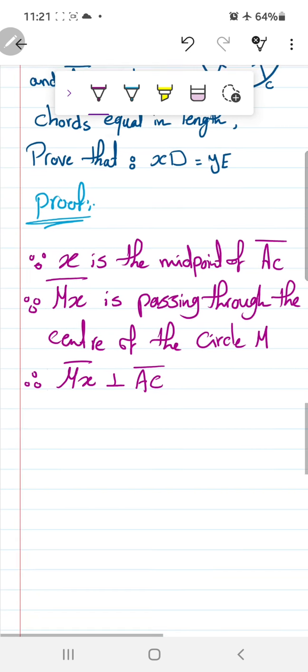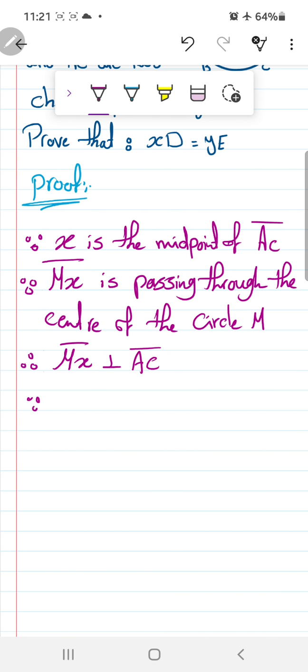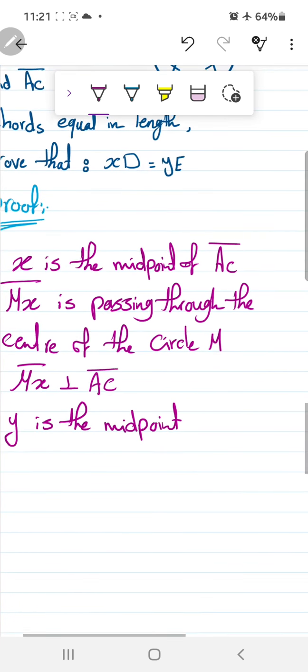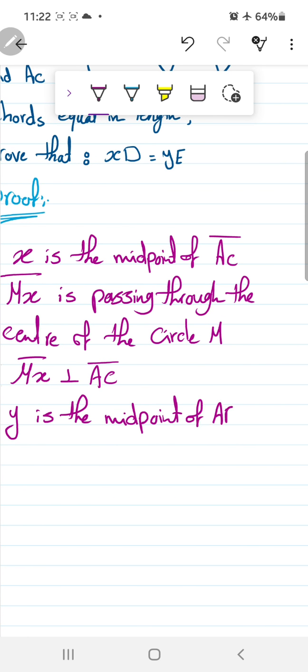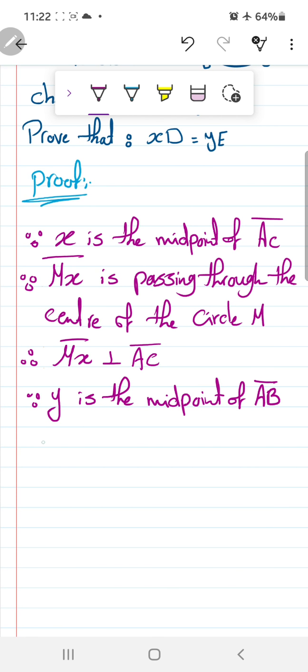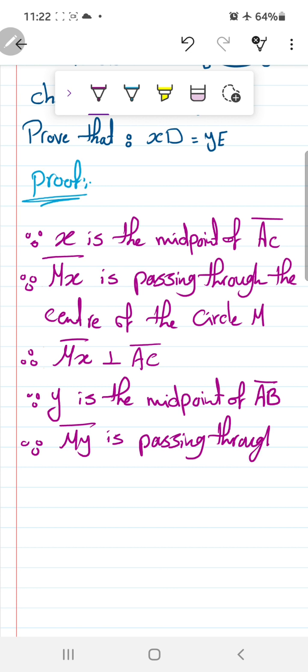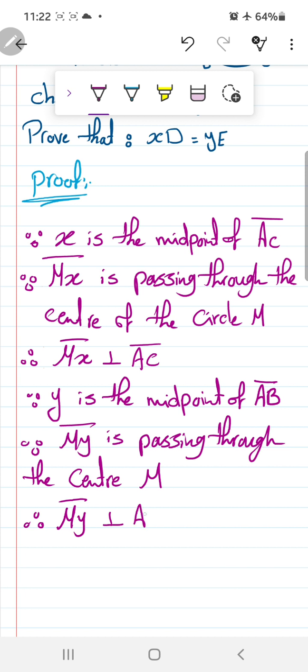Similarly in Y, since Y is the midpoint of AB, and since MY is passing through the center M, MY is also perpendicular to AB.